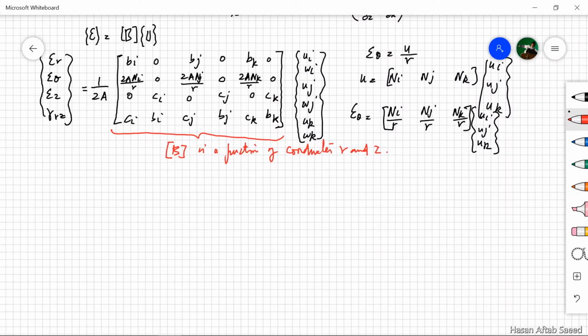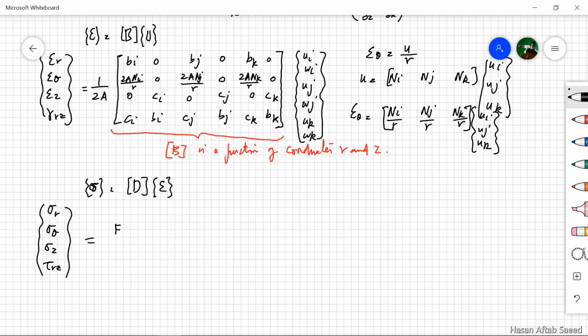Once we have reached the stage of strains, then the next step, like always, is that of stresses. Stresses and strains are linked by the D matrix, and in this case the stresses to mirror these strains will be sigma r, sigma theta, sigma z, and tau rz.